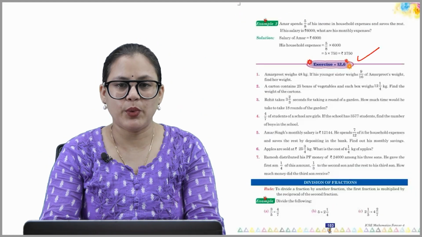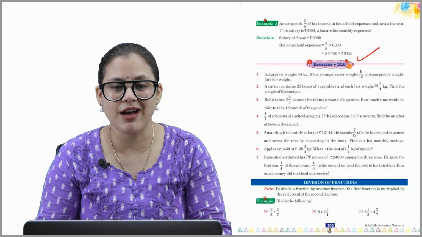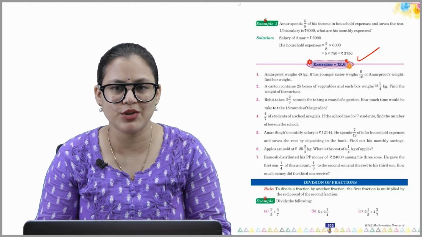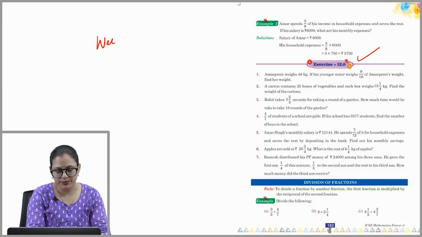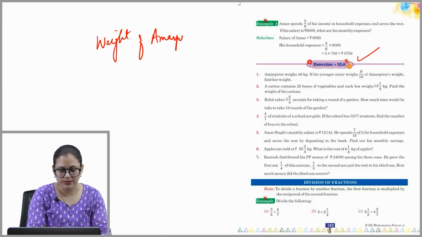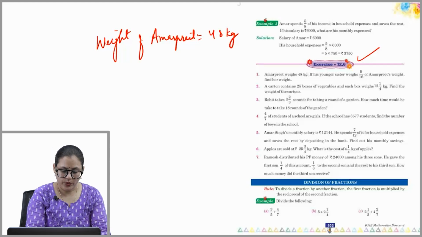Let's do exercise 12.6. Amarpreet weighs 48 kg. If his younger sister weighs 9 by 16 of Amarpreet's weight, find her weight. Weight of Amarpreet is 48 kg.